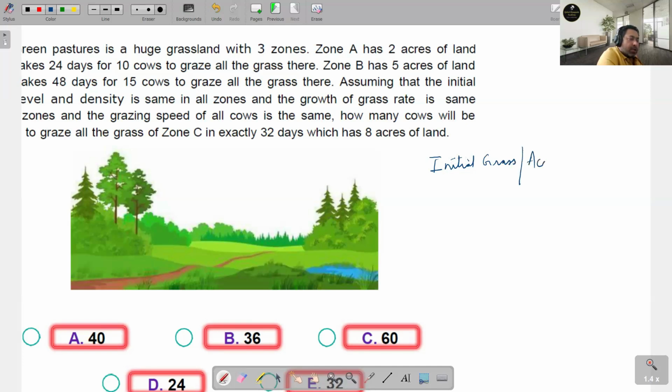So let's say the initial grass per acre is I. You put some variables here. The grass growth rate per acre is going to be G per day.